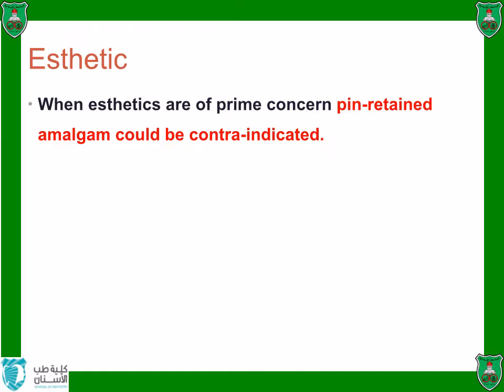Another example, some patients, when they smile, most of their upper premolars and mesial part of upper molars might be shown. So if you have this situation, it's better not to use pin retention and also not to use amalgam at all in those teeth. And then I will try to consider using composite to treat those grossly carious molars and premolars.